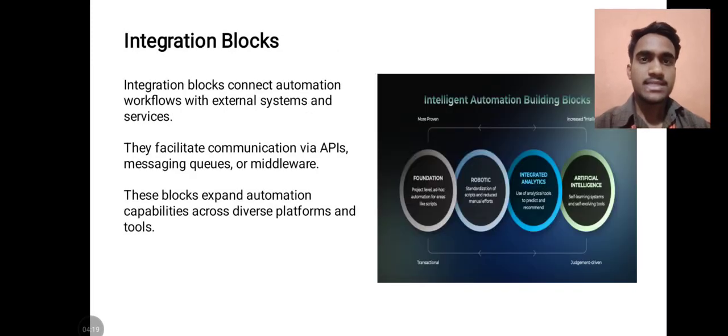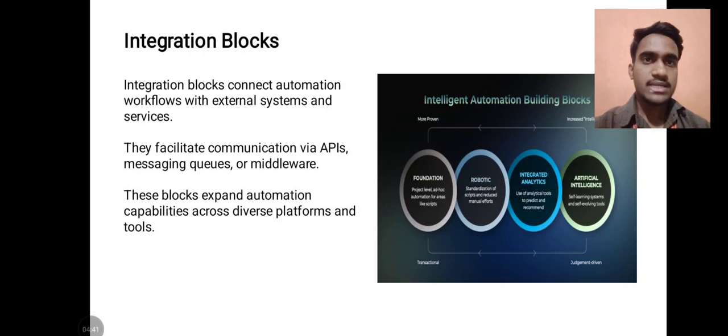Next, integration blocks connect automation workflows with external systems and services. They facilitate communication via APIs, messaging queues or middleware. These blocks expand automation capabilities across diverse platforms and tools.